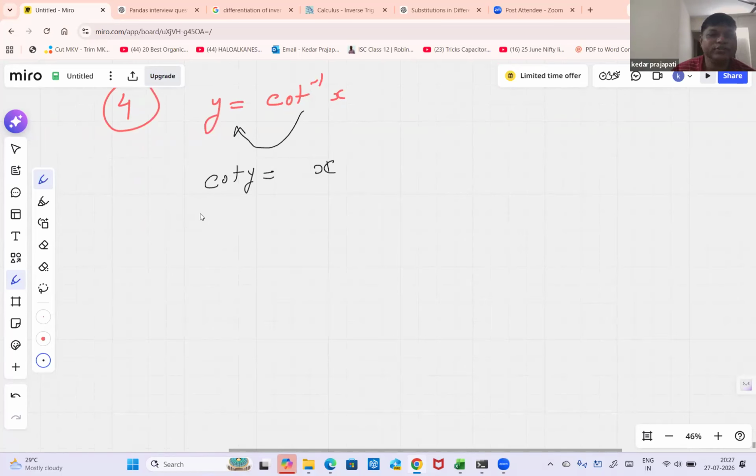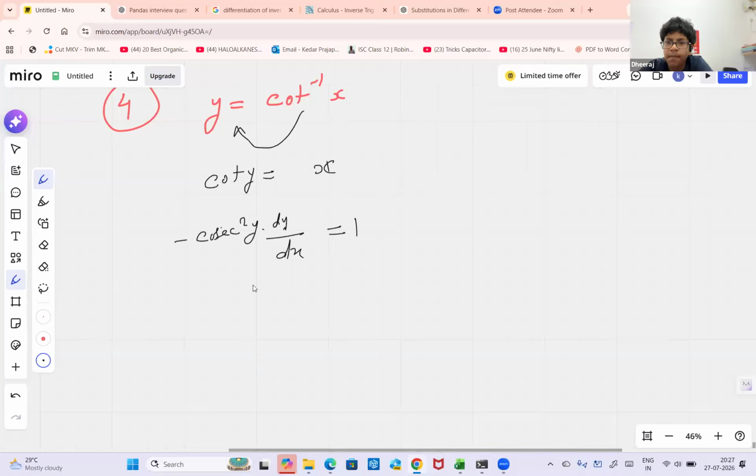What is the differentiation of cot? Minus cosecant square y. Minus cosecant square y dy by dx equal to 1. Correct or wrong? Correct, sir.